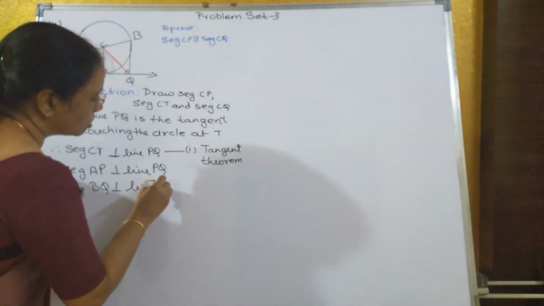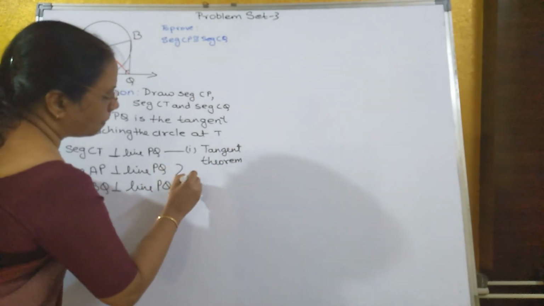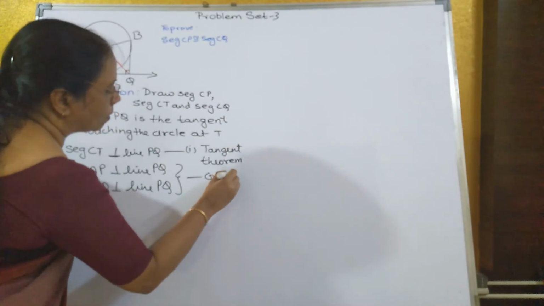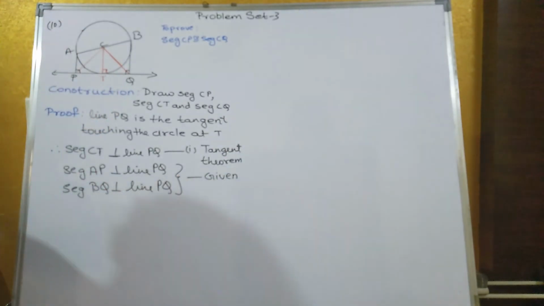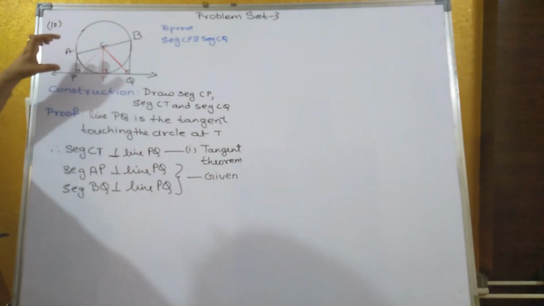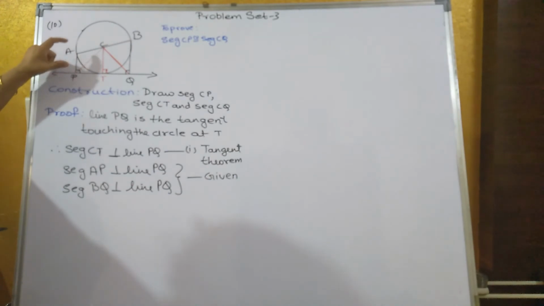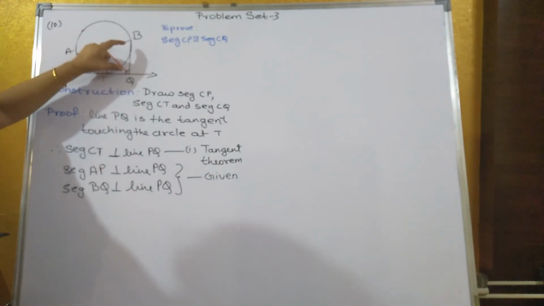So this is already given. That means AP is also perpendicular, CT is also perpendicular, BQ is also perpendicular to the same line PQ. Therefore, seg AP is parallel to seg CT is parallel to seg BQ.